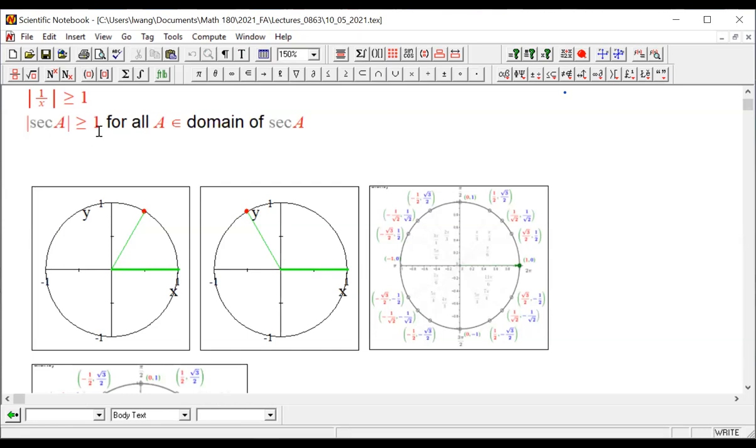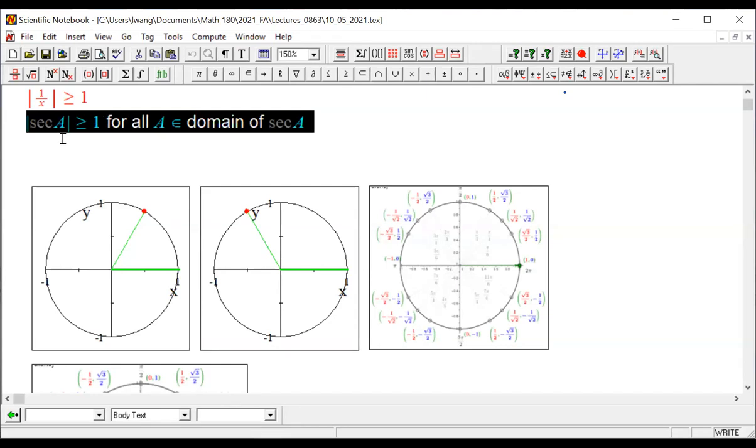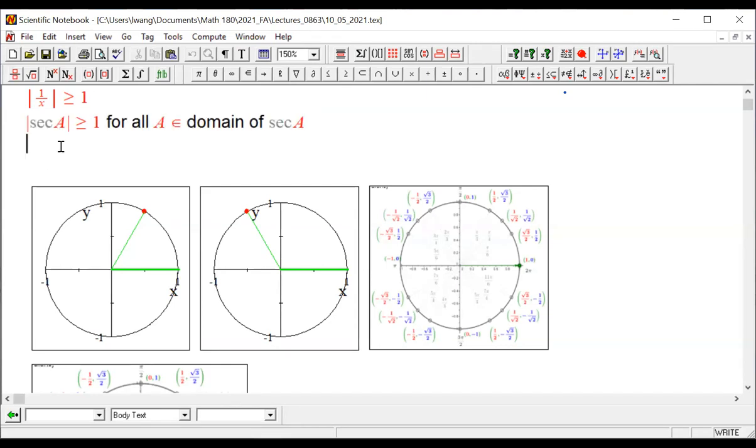From here, you would be able to see that secant A is either less than or equal to -1, or secant is greater than or equal to +1.